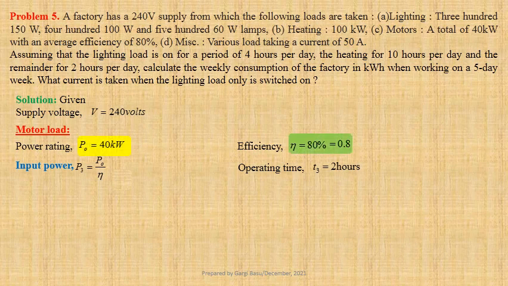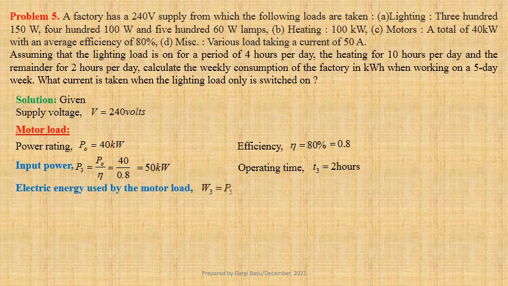Using values we get 40 divided by 0.8, that is equal to 50 kilowatt. Electric energy used by the motor load W3 equals P3 into T3. Using values we get 50 into 2, that is equal to 100 kilowatt hours.